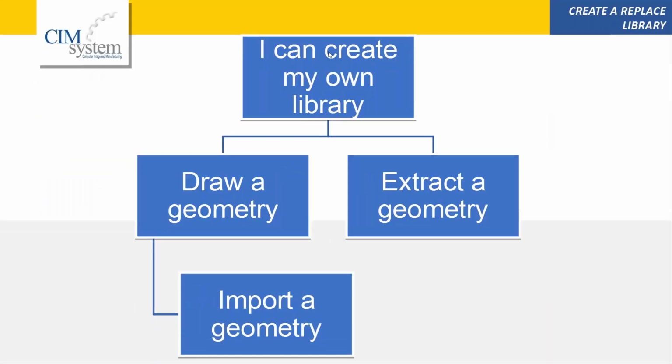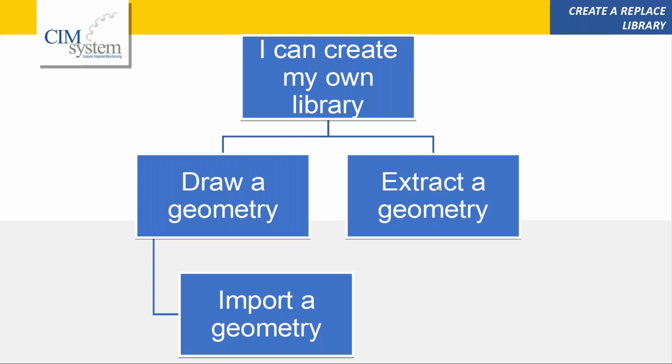Another thing is that I can create my own library of connections. It's important. And there are two different opportunities. I can create my own geometry, drawing the geometry by myself, or extract a geometry from an STL file.